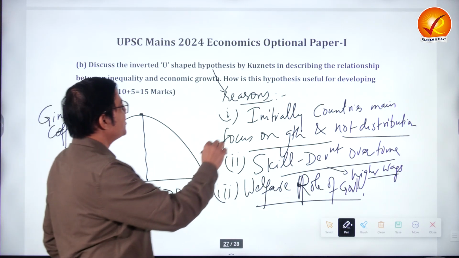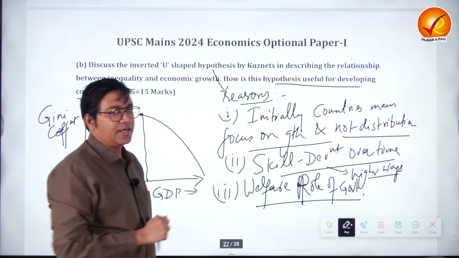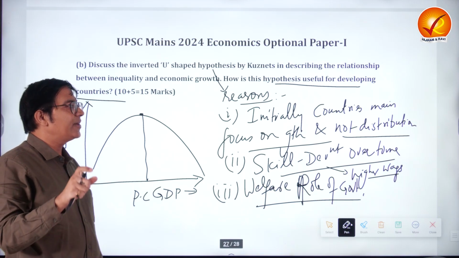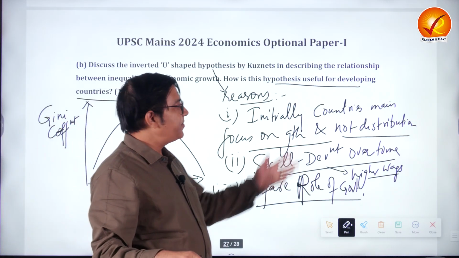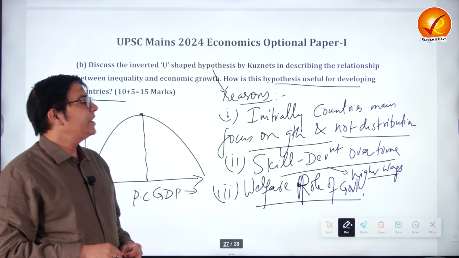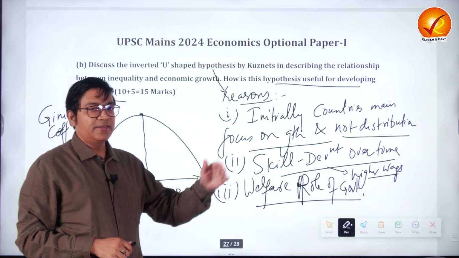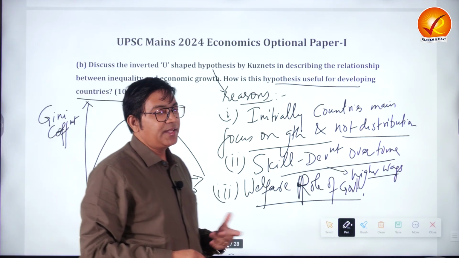The question is also asking, how is this hypothesis useful for developing countries? Although realistically speaking, we do not see this hypothesis working for many developing countries, including India. You can bring India here and say that in India actually, since 1980s, when the per capita GDP has gone up, inequality has only been increasing.